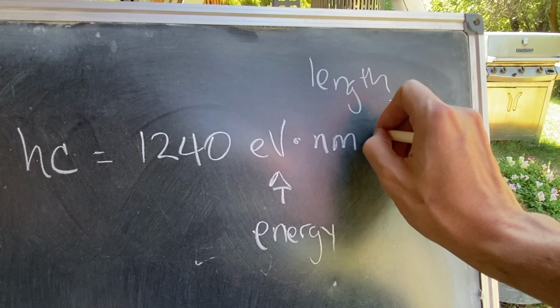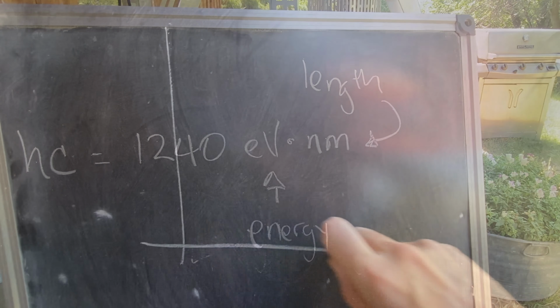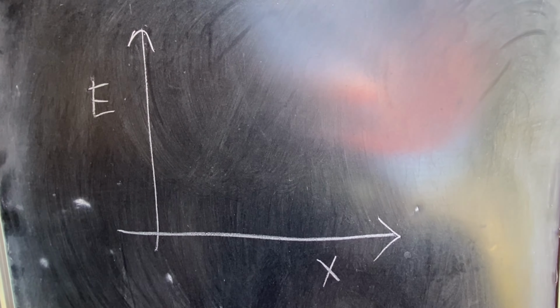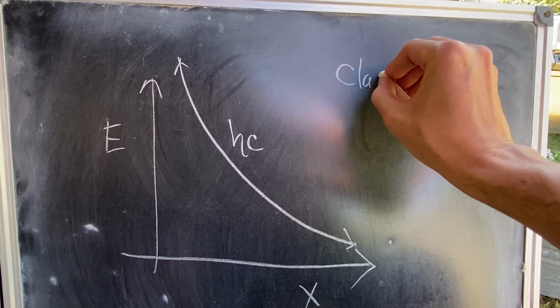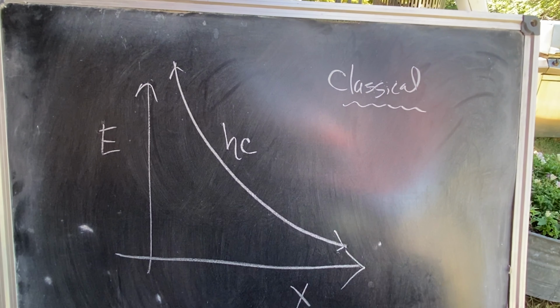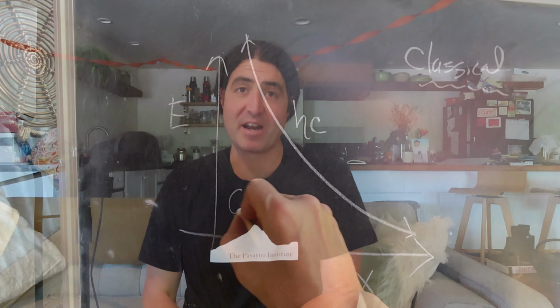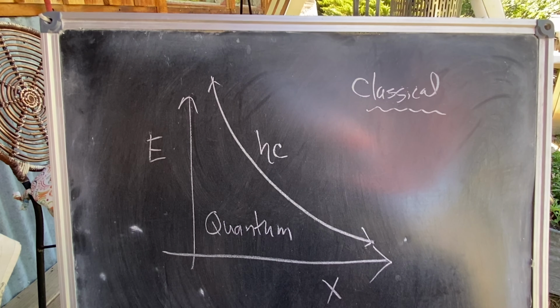So if we think about energy on the y-axis and length on the x-axis, it creates this curve above which classical phenomena live, things that we understand, things that require a lot of information to describe. But below this curve, we don't have enough information to understand things classically. And this is where things like the hydrogen atom, electrons, elementary particles live.